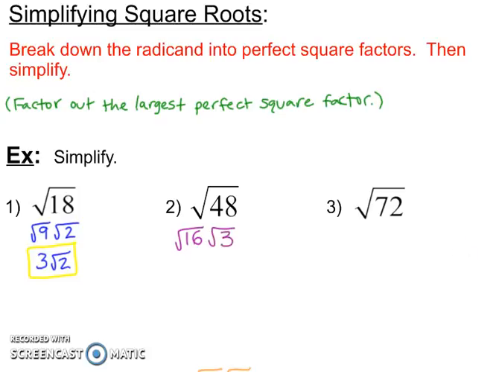The square root of 16 we know is 4, so we'll go ahead and simplify that portion. And that root 3 can't be simplified anymore, so I'll just rewrite it, which gives us that the simplified form of root 48 is 4 root 3.